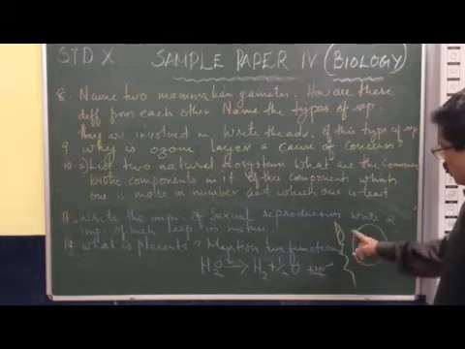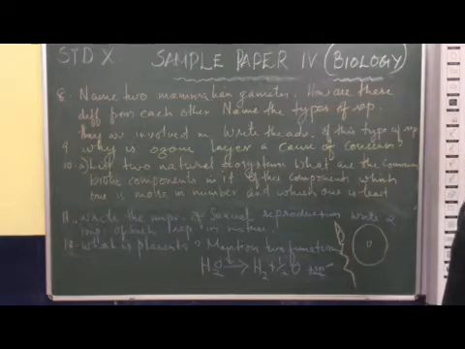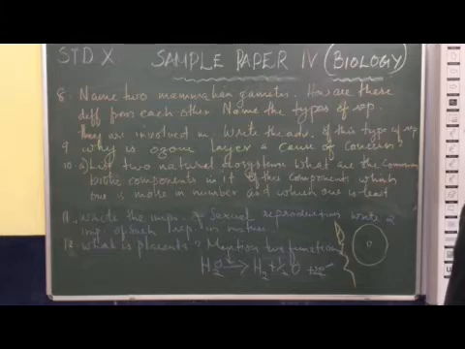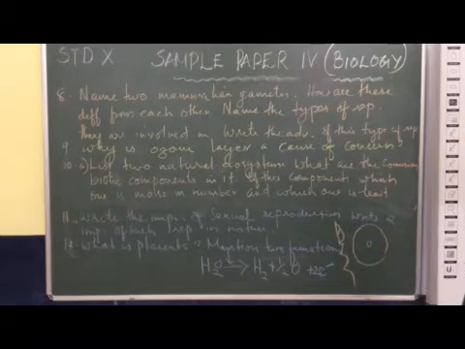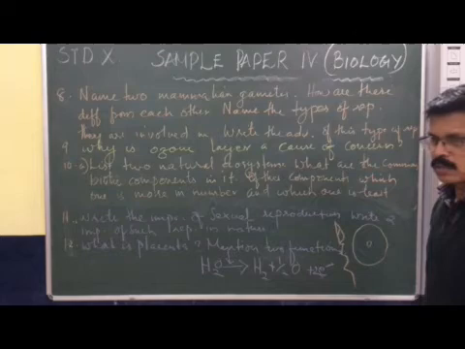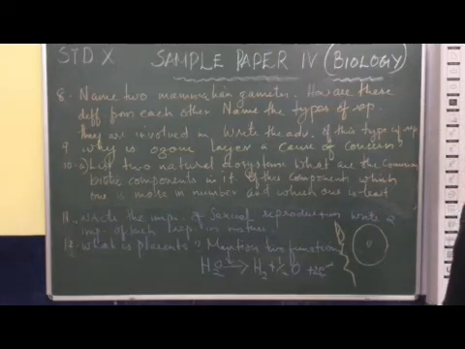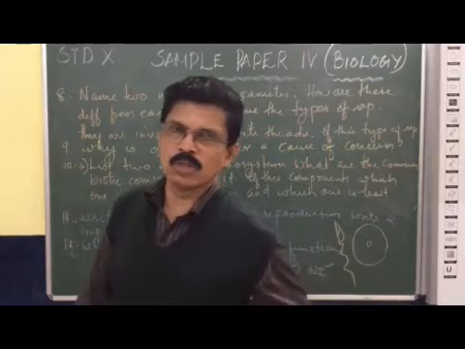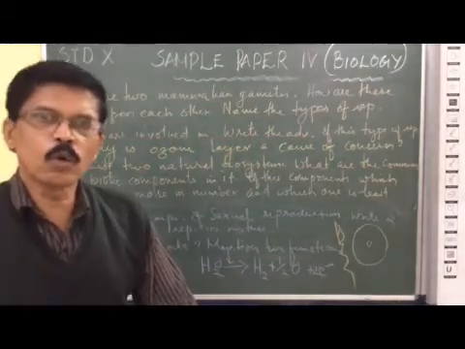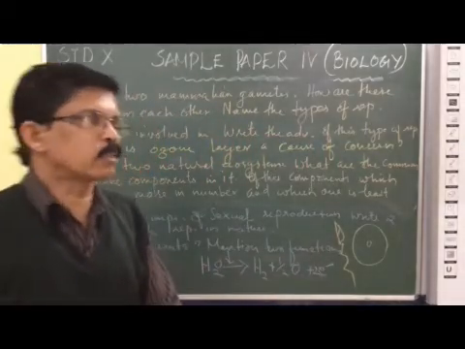Now name the types of reproduction they are involved in. How are they formed? They are formed by meiosis. So sexual reproduction is characterized by meiosis, during which the gametes like sperm and egg are formed. Write the advantage of this type of reproduction. During sexual reproduction, variations develop. Why do variations develop? We have already discussed it. During meiosis, crossing over and gene recombination take place.